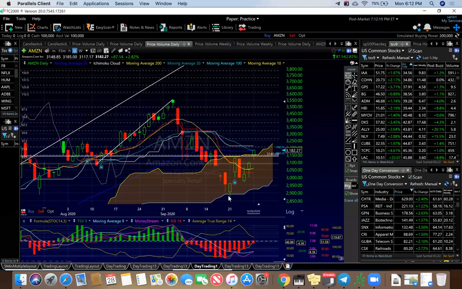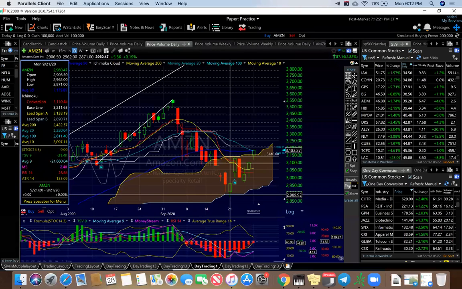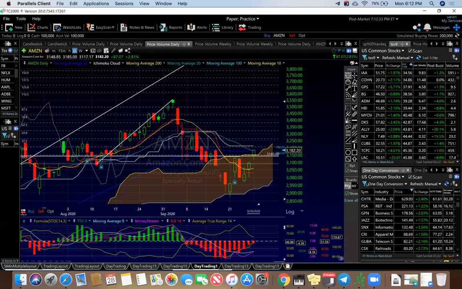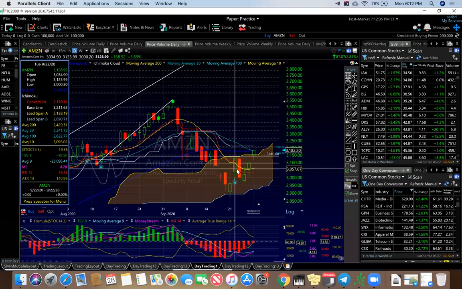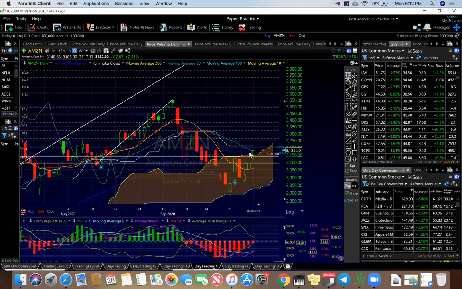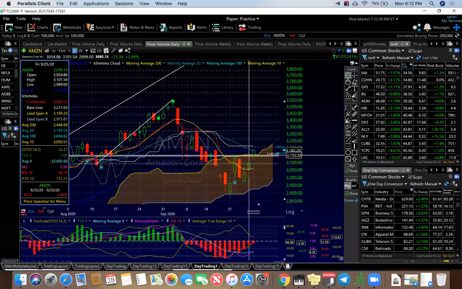So we did a $25 debit spread here, which was from 3,000 to 3,025 or something like that. And we did a credit spread from 3,140 to 3,165, because we knew that it is never going to hit 3,140. So that is how we did that.